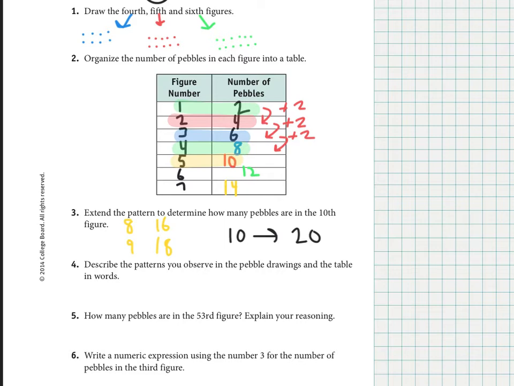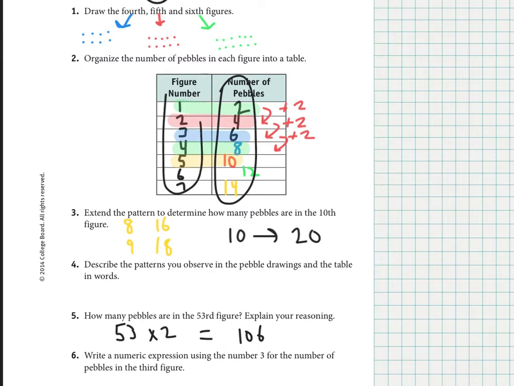So really, it appears that the number of pebbles is always just 2 times the figure number. So if we were in the 53rd figure, if we multiply that by 2, I would expect there to be 106 pebbles in there. Because again, these values are always equal to the figure number times 2.